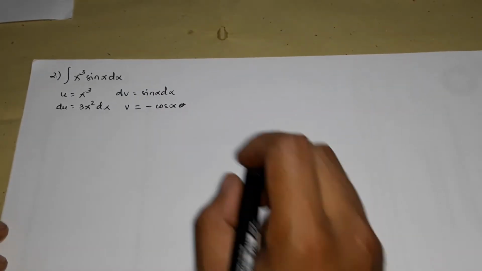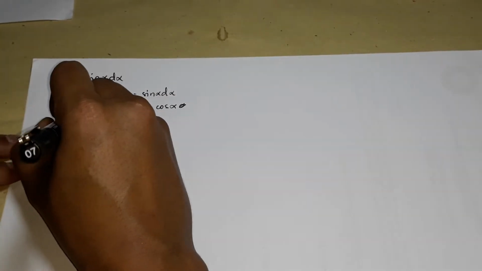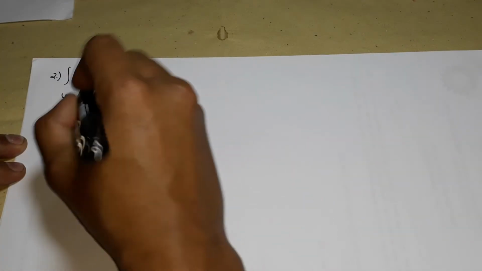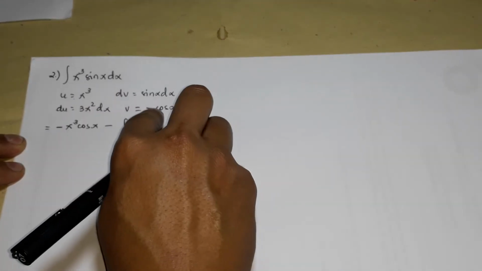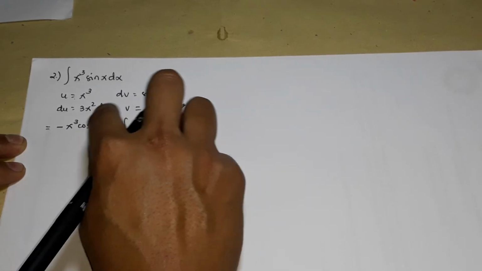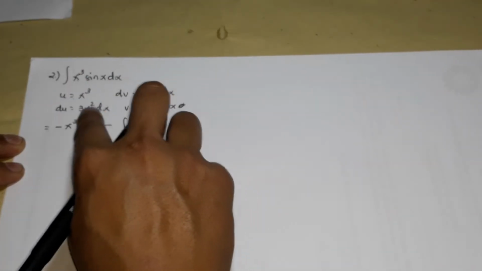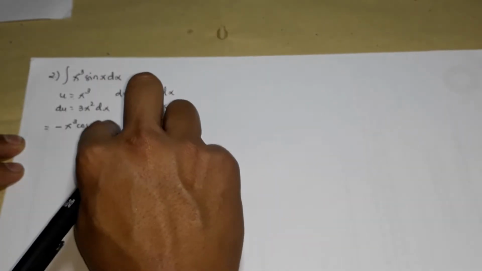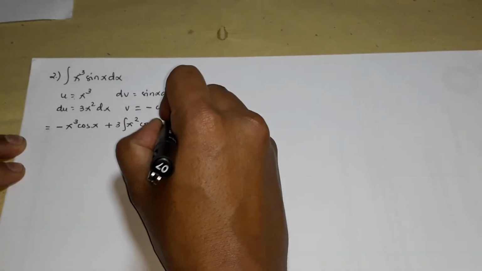So we have uv, negative x cubed cosine x, minus the integral of v du. So we just multiply these two, you'll have negative 3x squared cosine x, and this is negative, so that will become positive 3x squared cosine x, and then you affix dx.